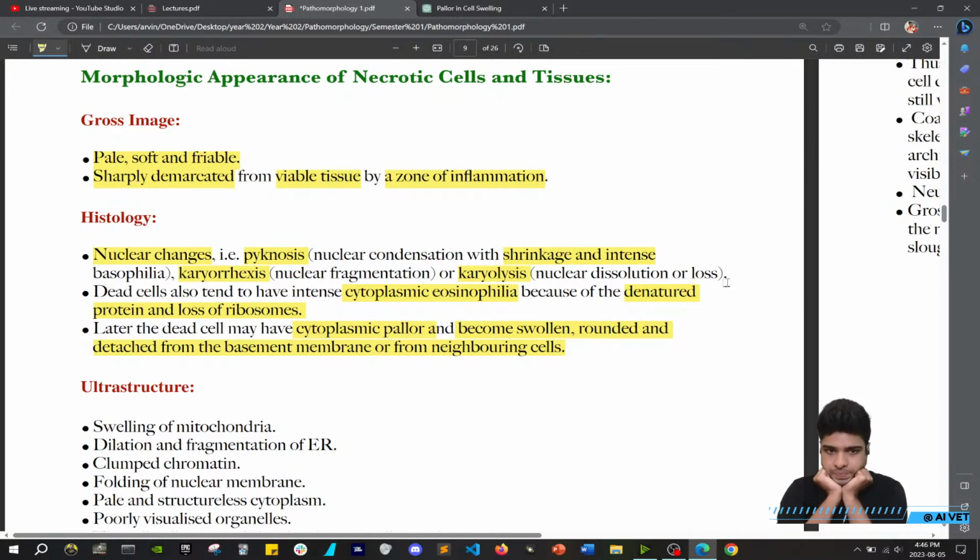Karyolysis, nuclear dissolution, makes sense. And then pycnosis, intense basophilia.